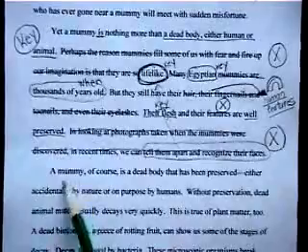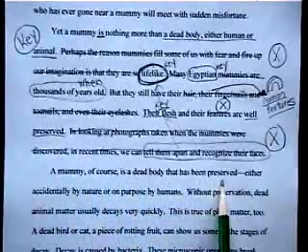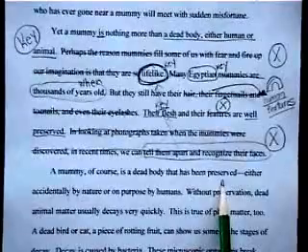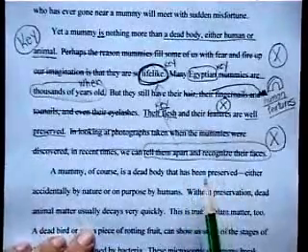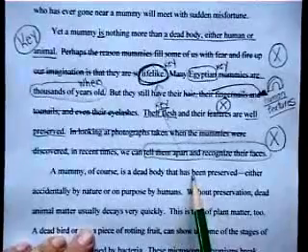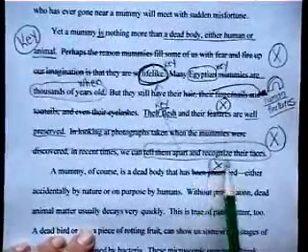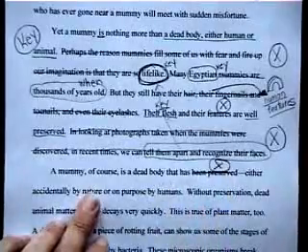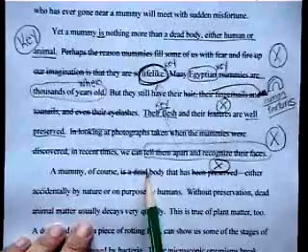Next paragraph. A mummy, of course, is a dead body that has been preserved. All right, well, we've already talked about the word preserved. So I'm going to delete that as repetitious. And we've also already discovered that a mummy is a dead body.